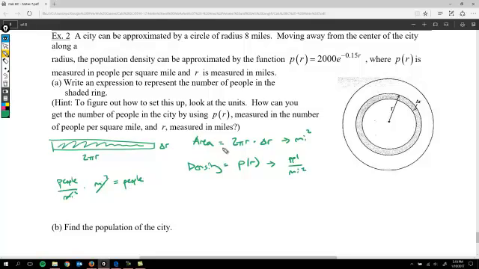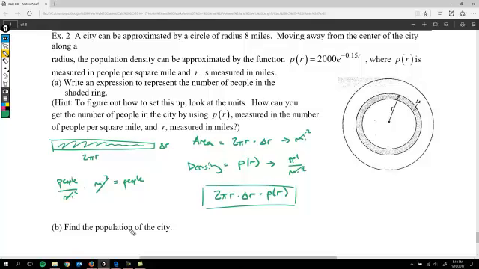So all I have to do is take my area, multiply it by the population density I was given, and that will cancel these units out. My final answer is 2 pi r times delta r times P of r. I'm just thinking about how I'm going to cancel these units.